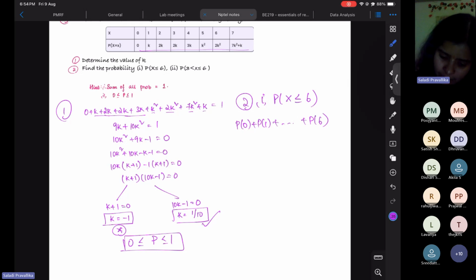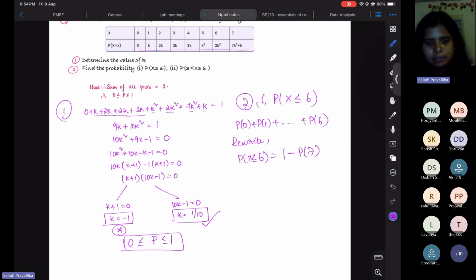So what I can rewrite: P of x less than or equal to 6 is equal to 1 minus P of 7. Is it not right? P of 0 up until P of 7, if we sum all of it, it is equal to 1, right? I need from P of 0 to P of 6. So can I write that value as 1 minus P of 7?